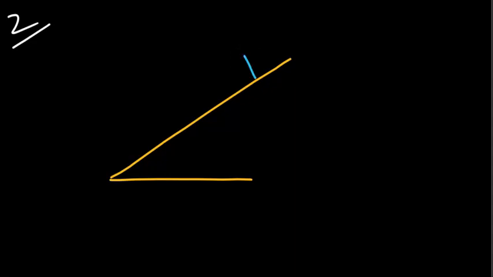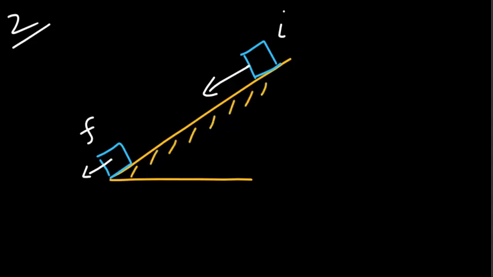Example 2. Let's assume you have an inclined plane, as shown in this figure, and you have an object starting from some elevated position, which we can call the initial position, and it slides all the way down to the bottom of that inclined plane, and that position can be labeled as the final position. However, now this inclined plane is rough, so you have friction associated with it.